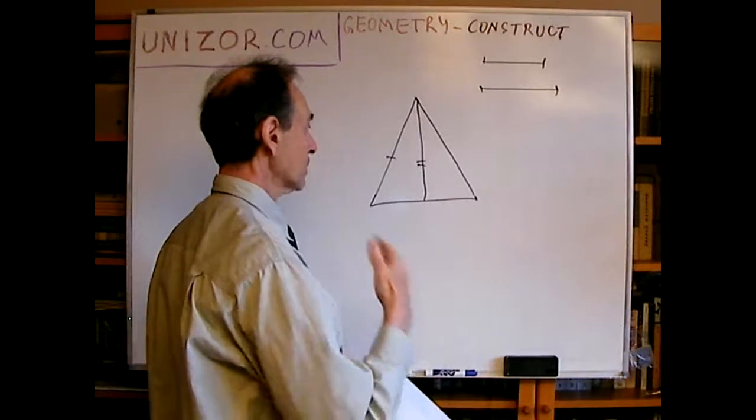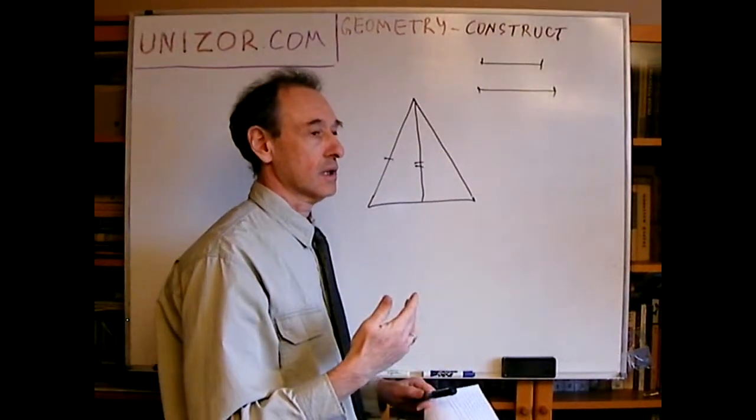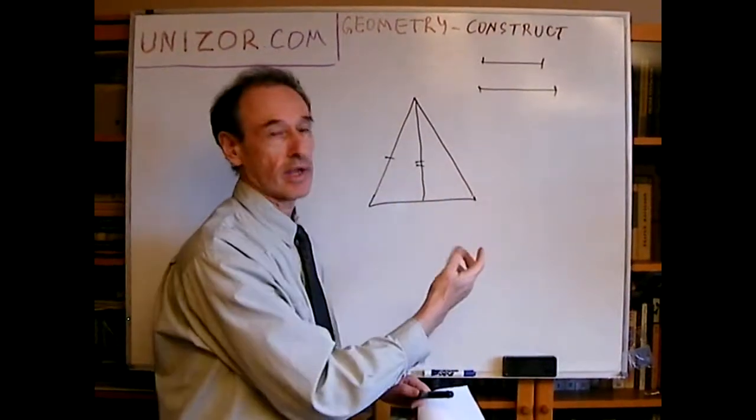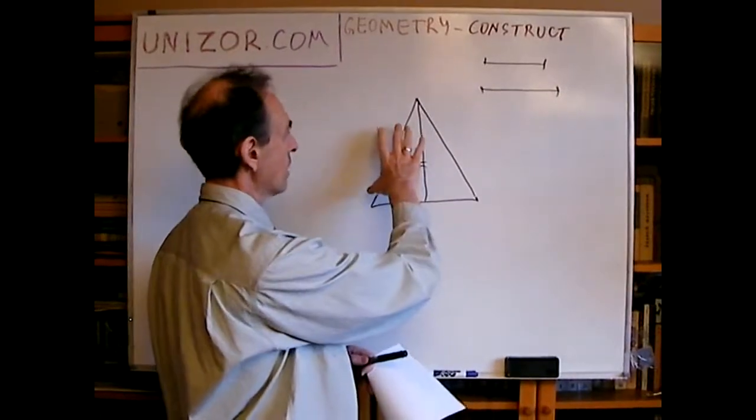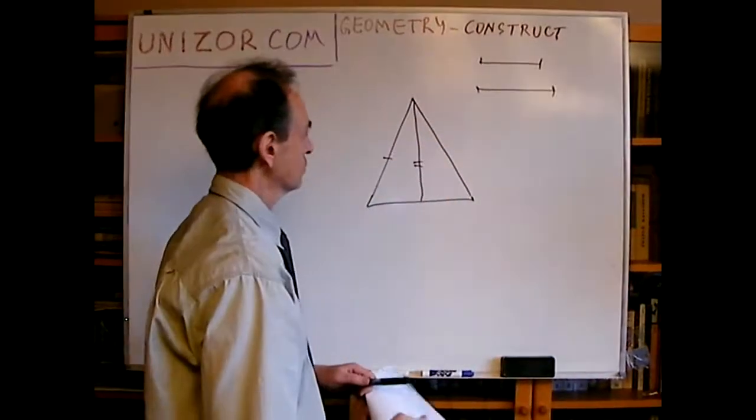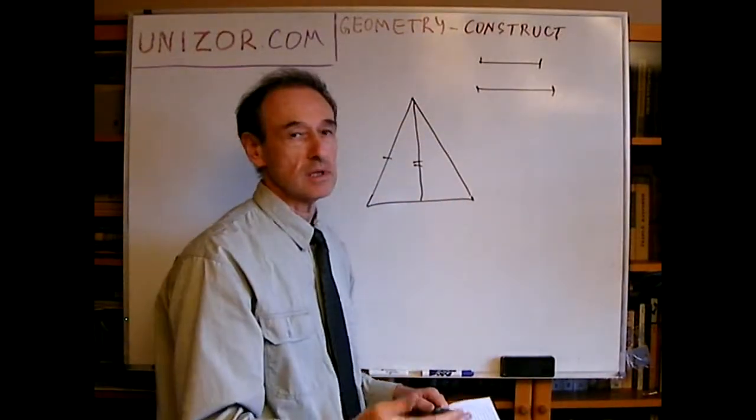So what if, for instance, I have this particular triangle, so how does it look? Okay, this is my side and this is my altitude. But now, what do we see?